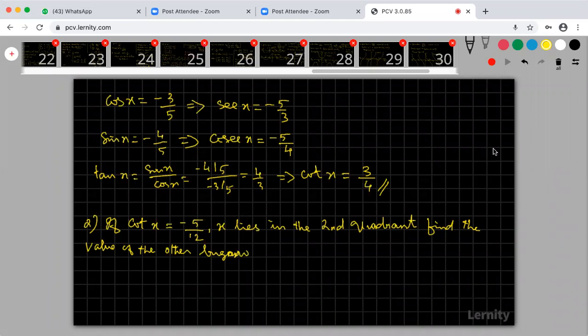Look at that. If cot x is equal to minus 5 by 12, and x lies in the second quadrant, find the value of the other trigonometric functions.